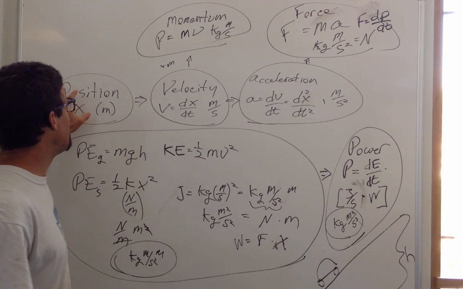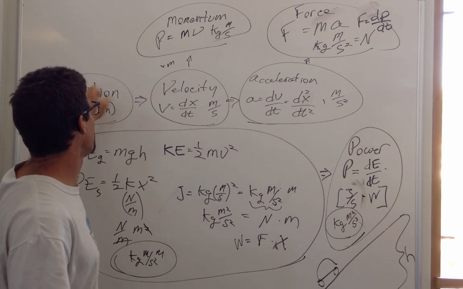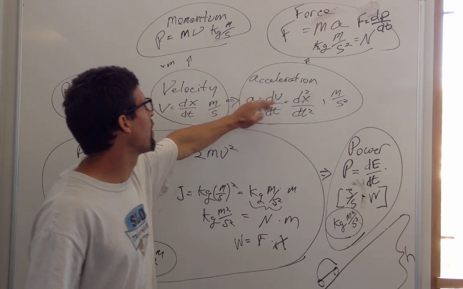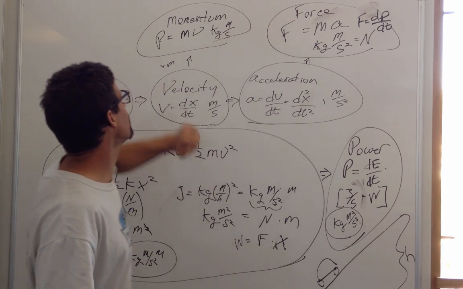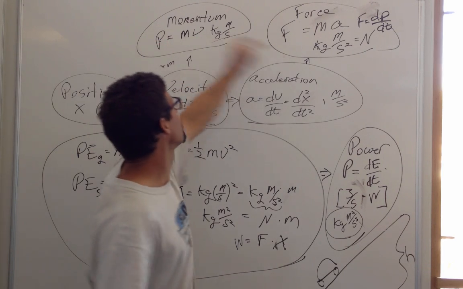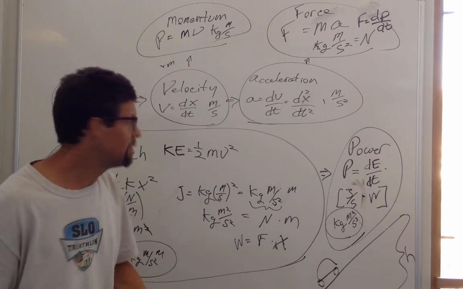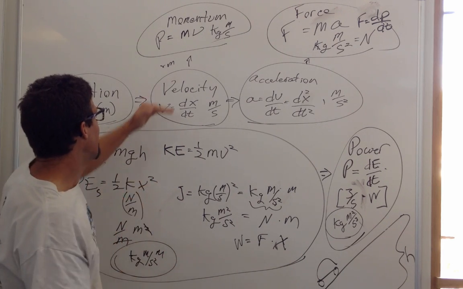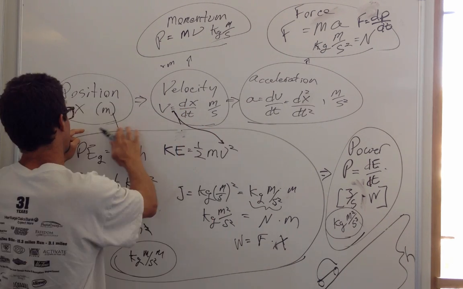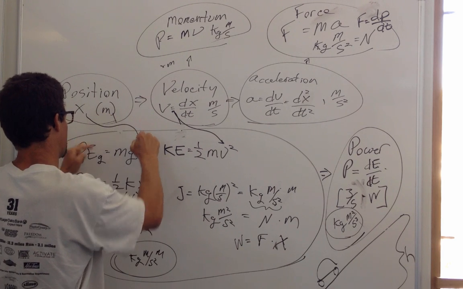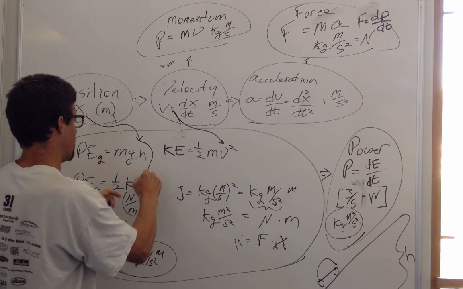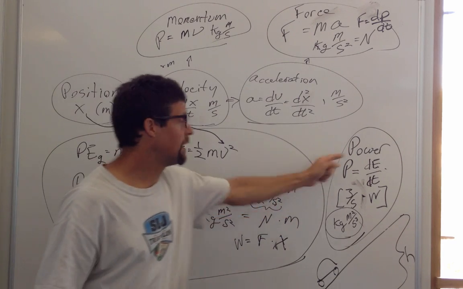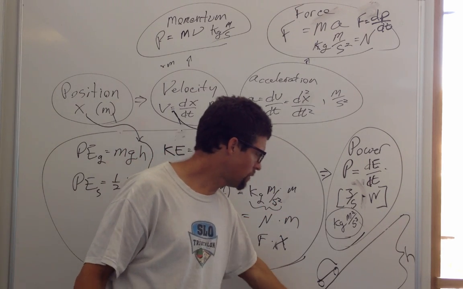So just from these derivatives, position, first derivative velocity, second derivative acceleration, we were able to make a connection to force and momentum, and force is the first derivative of momentum. And then we were able to get energy out of velocity and out of position. And the time rate of change of that energy is our power. Hope you like it.